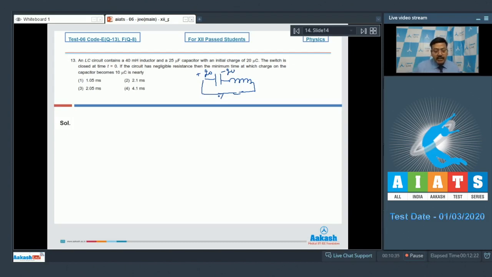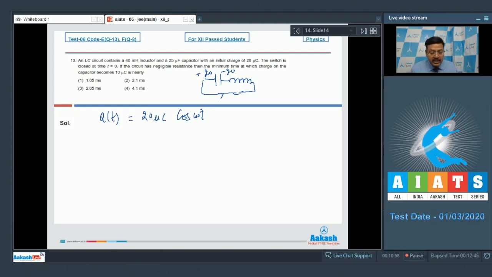Well, considering all these facts, we can write the expression for charge on the capacitor as a function of time. Q(t) is equal to initial charge, which is 20 microcoulomb, let's say 20 microcoulomb into cos of omega t. So it satisfies everything that we have talked about.